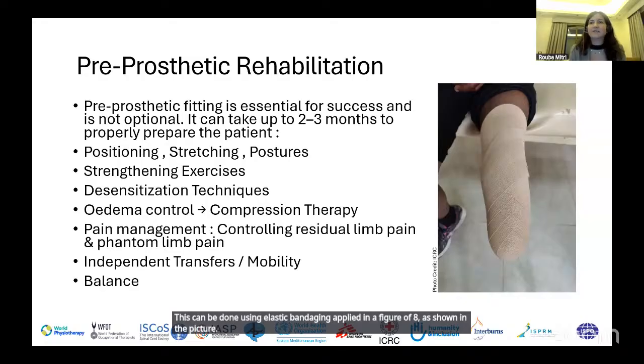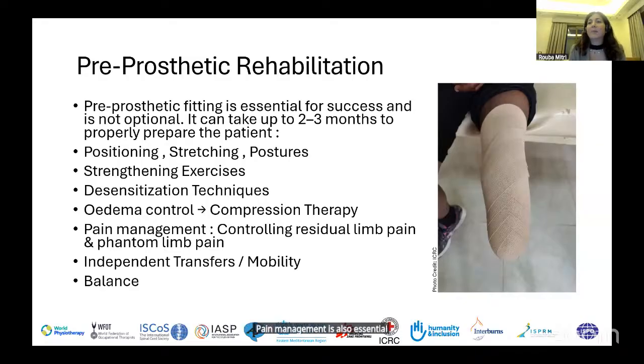Pain management is also essential. And the approach in people with amputation is quite specific.